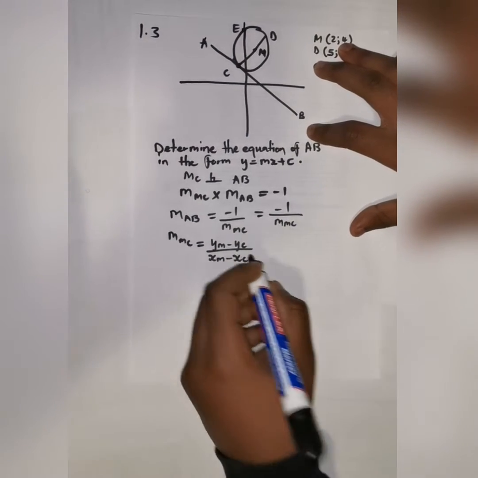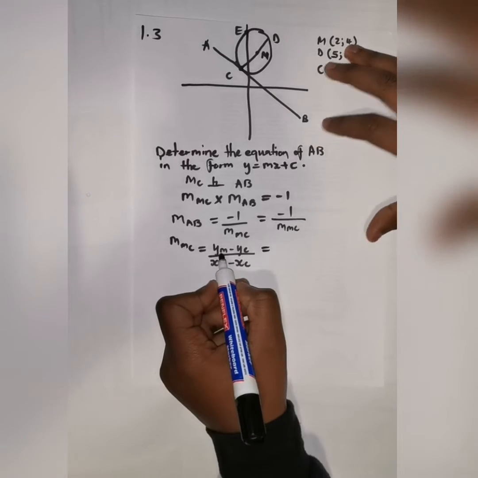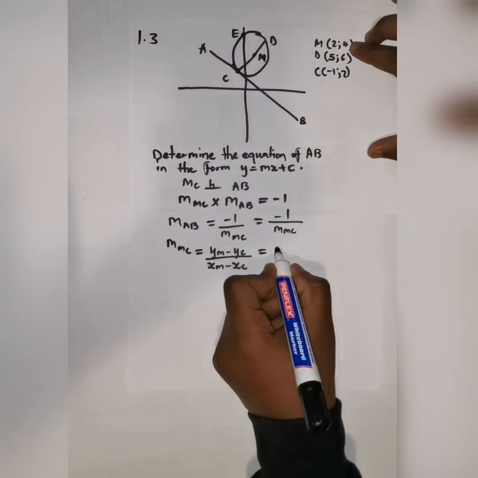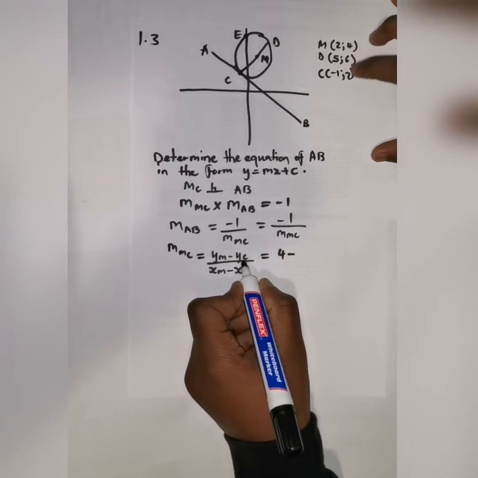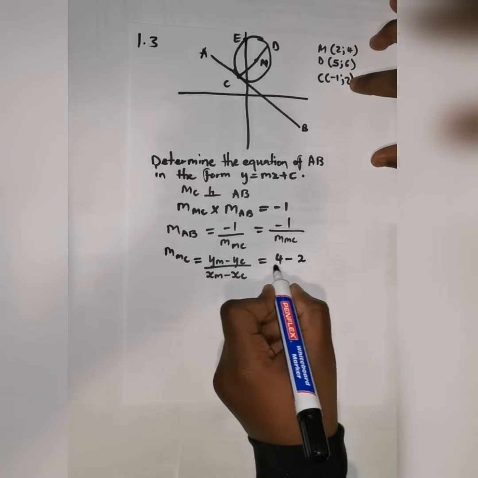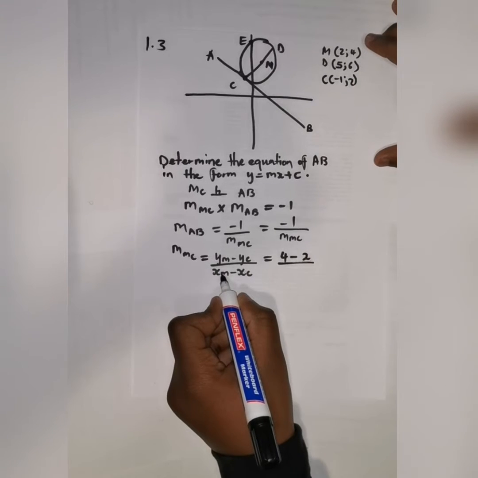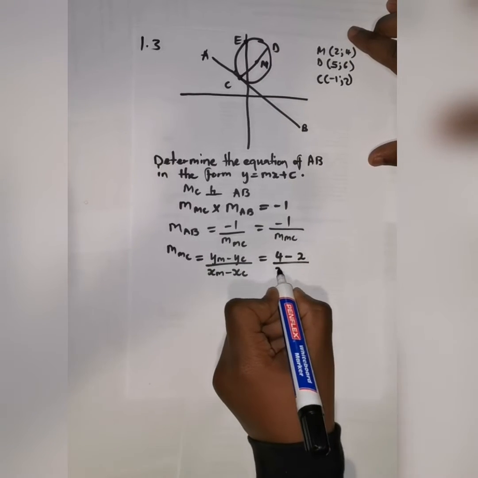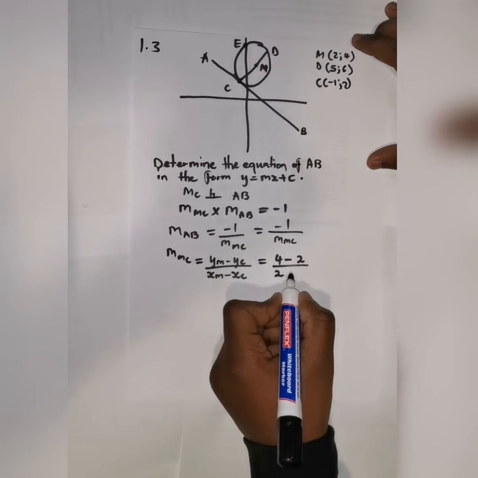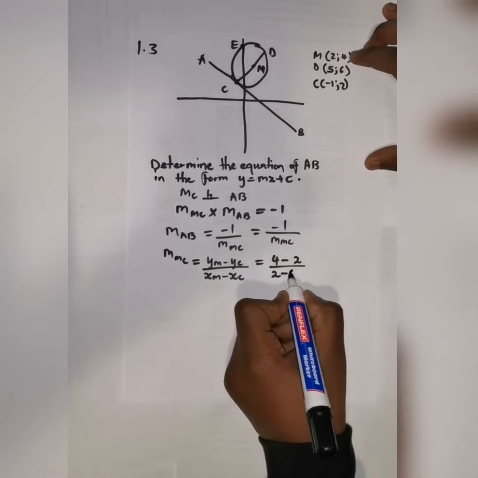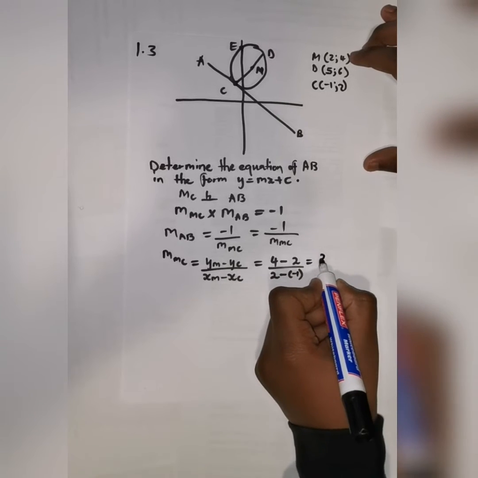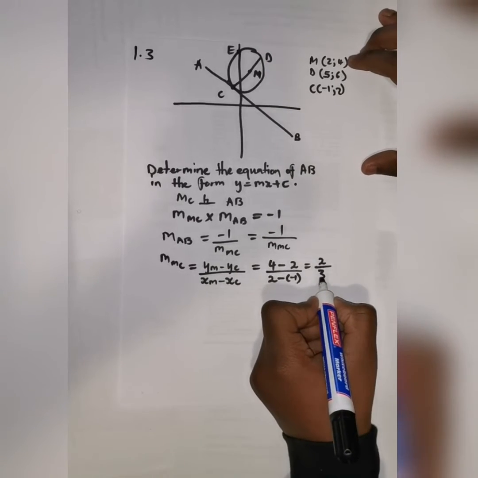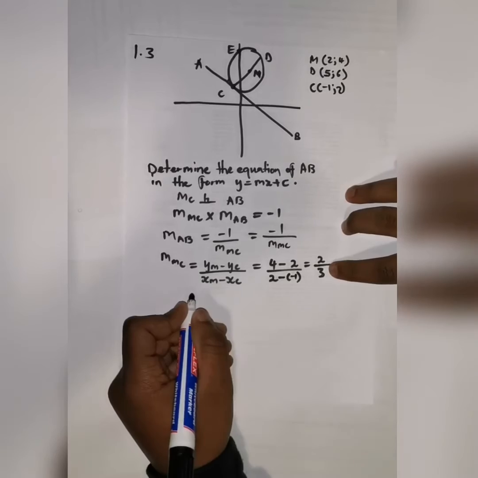So yM is 4 minus yC, which is 2, over xM, which is 2, minus xC, which is -1. So this is 2 over 3. This is our gradient.